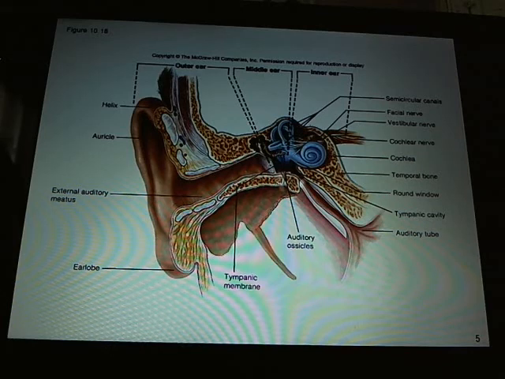Now the other thing that we're going to look at here is the law of specific nerve energies, and we touched on it earlier. The law of specific nerve energies states that the receptor, or the modality of that receptor, is what it sends to the brain or the interpretation center.